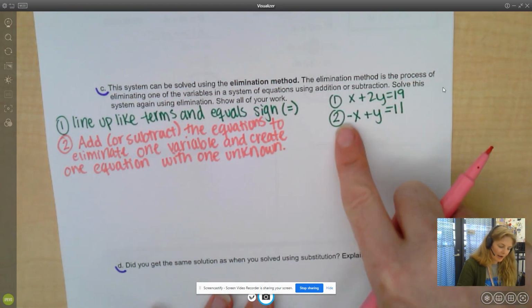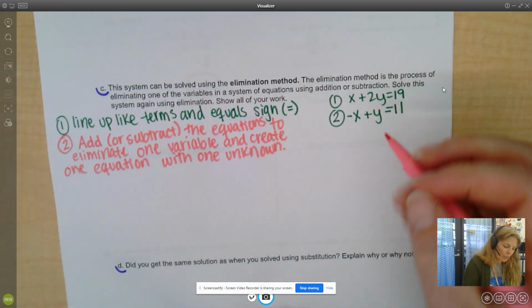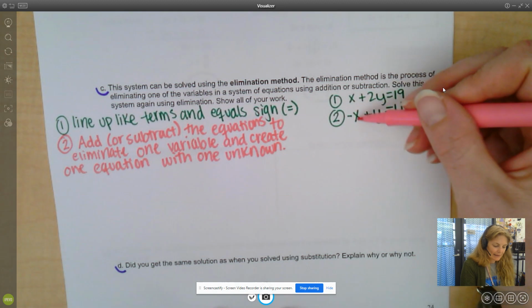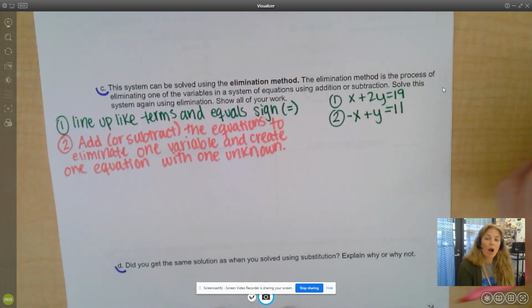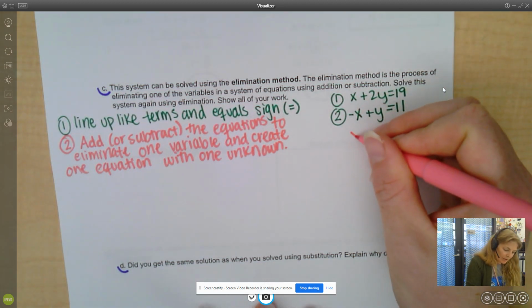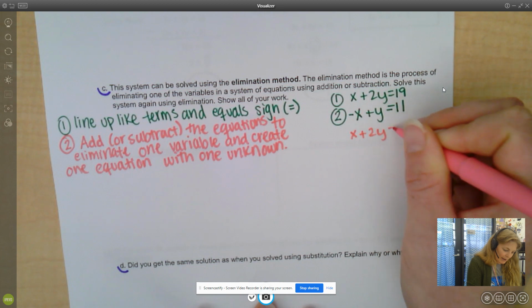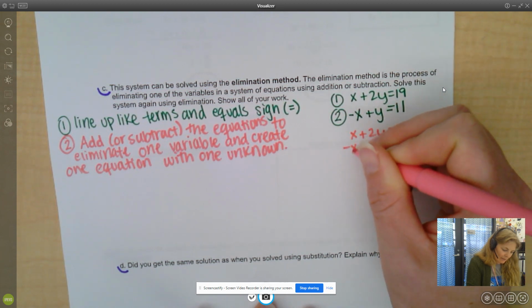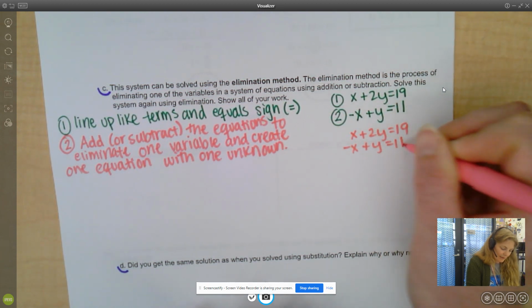Taking a look at our system here, what I notice is that x and negative x are additive inverses, or opposites. Because of that, if I added them together, they would disappear. So I'm going to do that. x plus 2y equals 19 and negative x plus y equals 11.